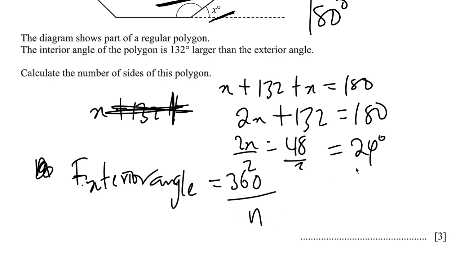So we have 24 degrees as each exterior angle. So 360 over n is equal to 24.